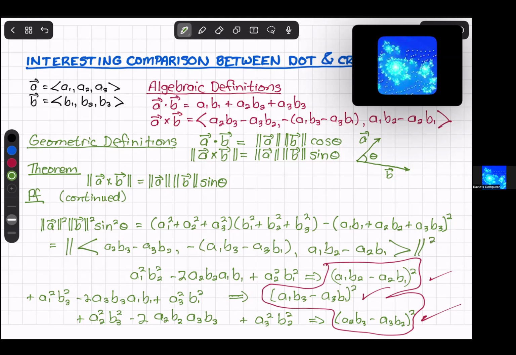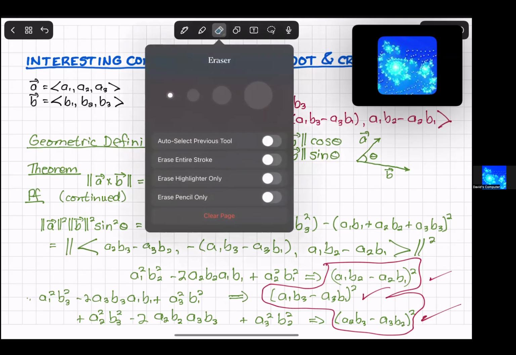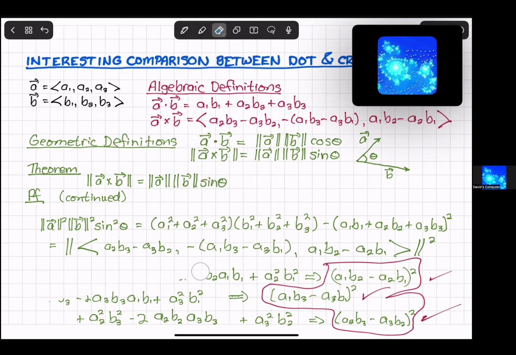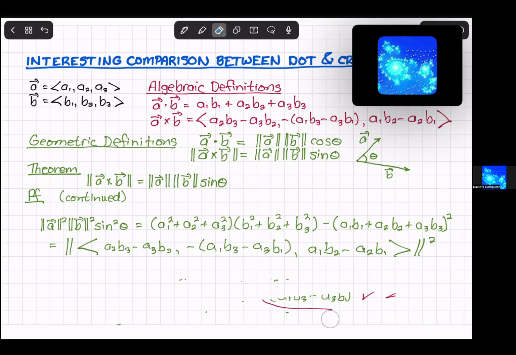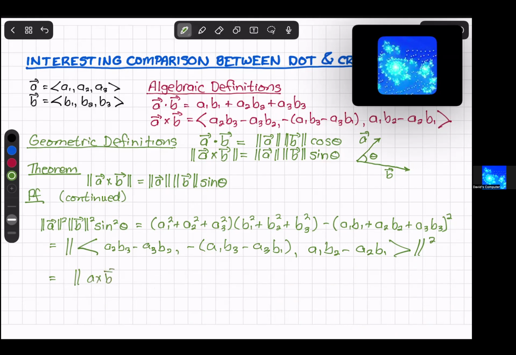Now erase the clutter and recognize that that vector is the cross product of A and B. So now we've basically finished. Magnitude of A cross B squared.